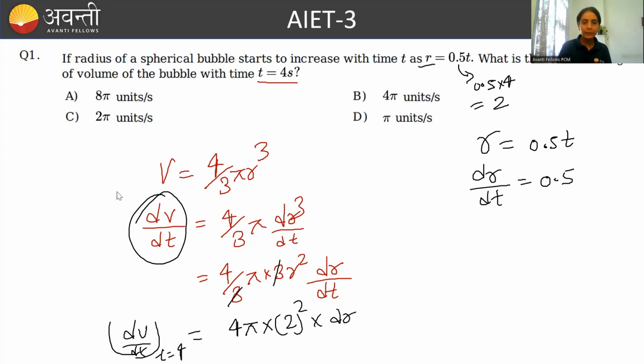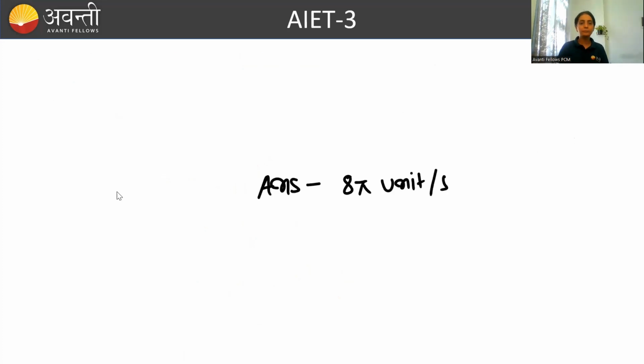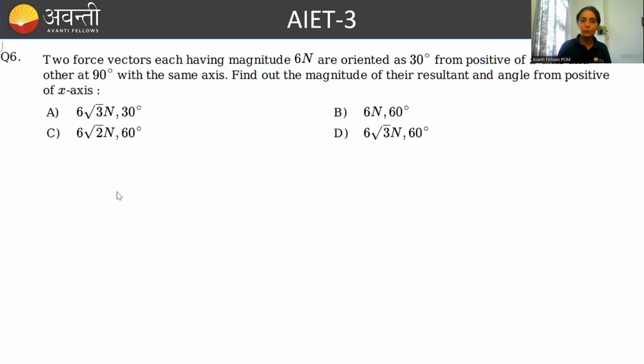Now dr by dt, its value is 0.5, that is 1 by 2. So what answer are we going to get? We are going to get 8 pi unit per second, right? So the correct answer will be A. Done. Now let's move on to the next question.